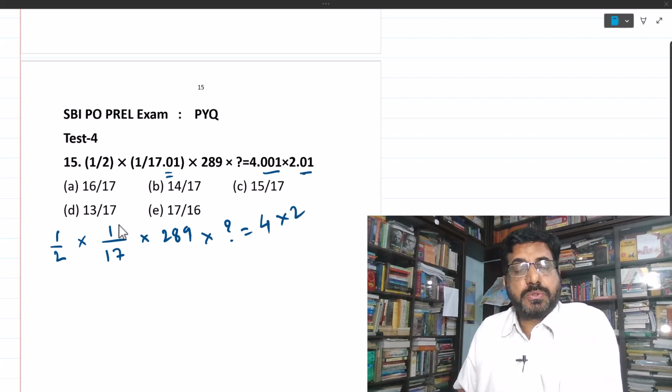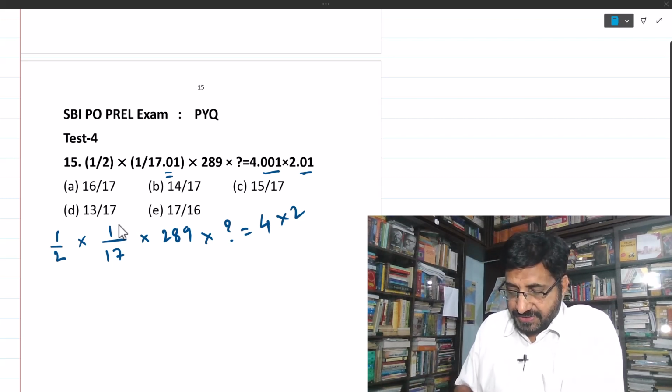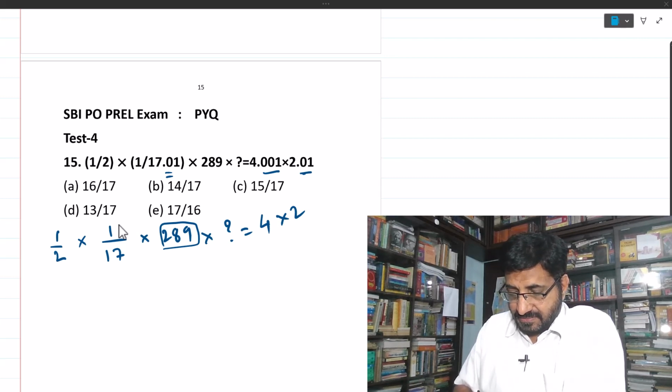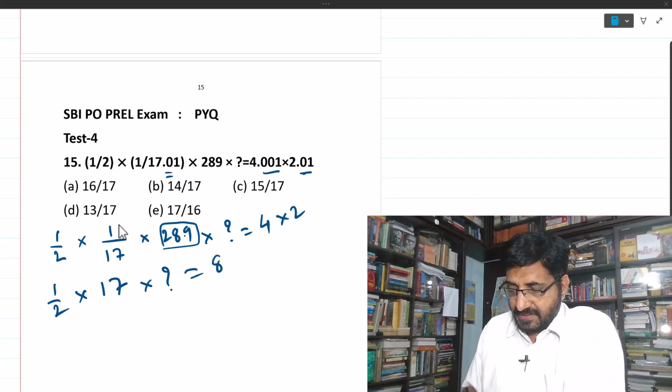This 0.01 also you can neglect. Now simplify this. 17 is there, 289 is there. Square root of 289 is what? 17. So 1 by 2, let it be. 17 is up, 289, then question mark, then 8. You want this question mark, no? So retain it at LHS only. This equals 8 as it is. This 2 will go up.